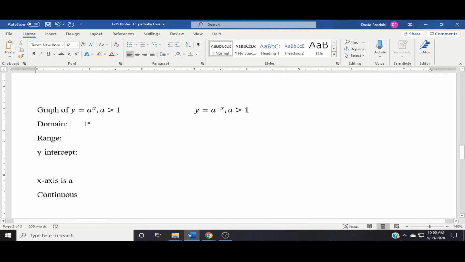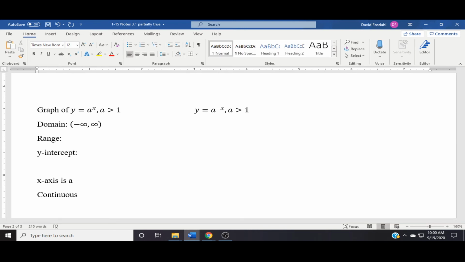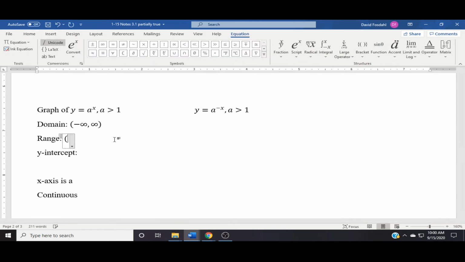Our domain is going to be the interval from negative infinity to infinity. Okay, and this is true for both positive and negative, so I'm just going to write it once. Range is going to be from 0 to infinity.